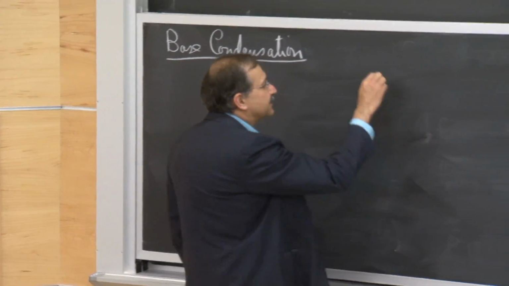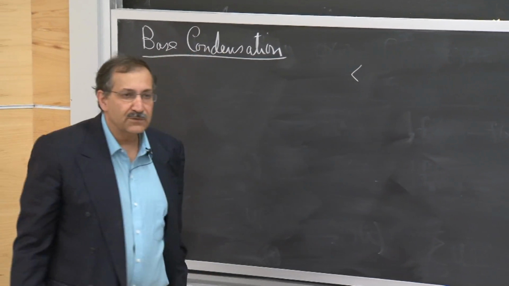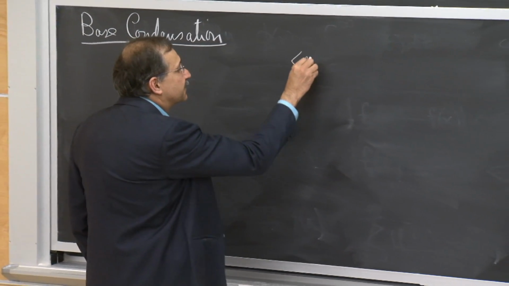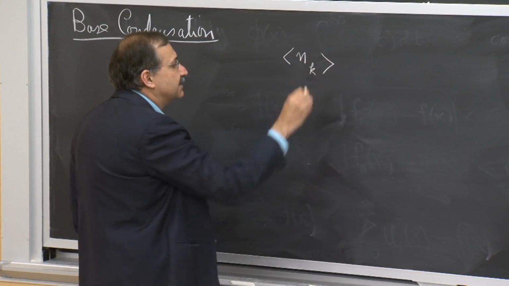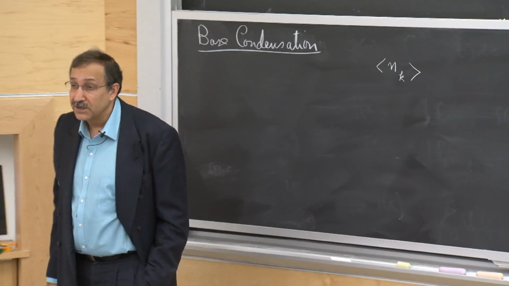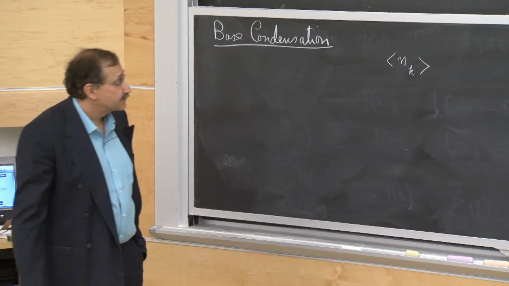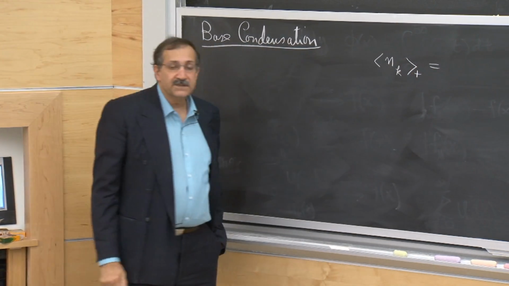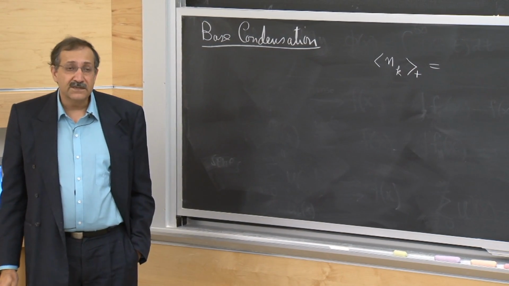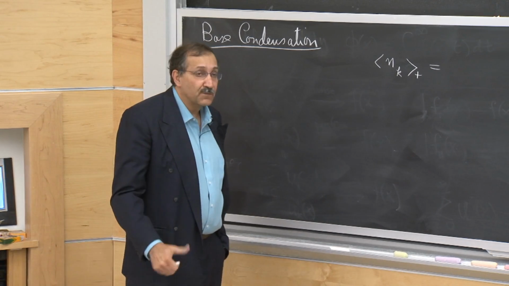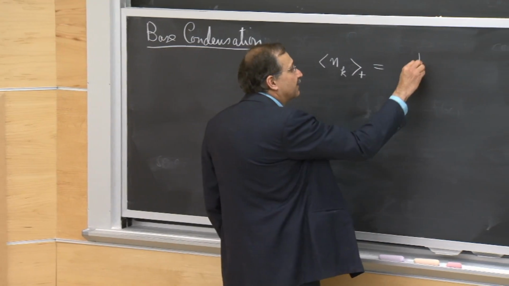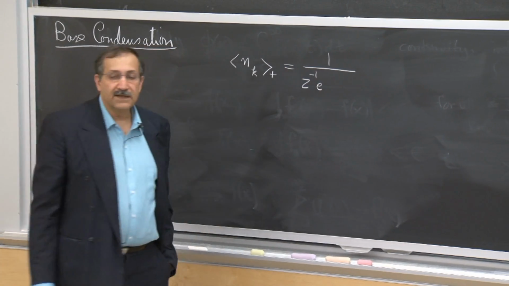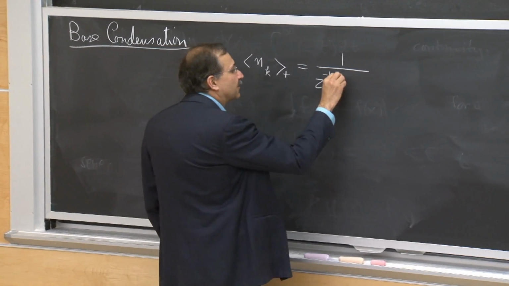So the idea was that when you have a Bose system, the occupation of the different one-particle states, which you can specify for a non-interacting system in the grand canonical ensemble, are independent for each one of the one-particle states and have a form that is related to the chemical potential and the energy of these states through this form.